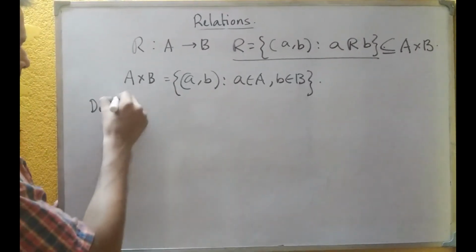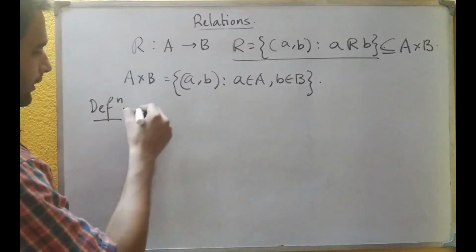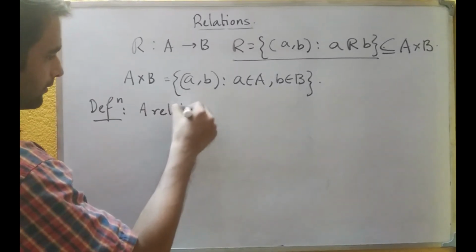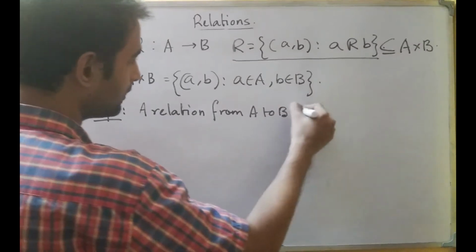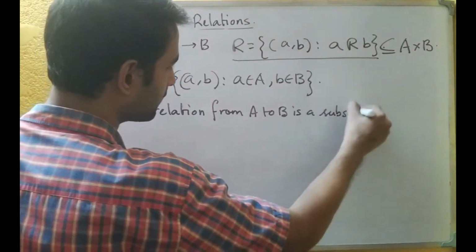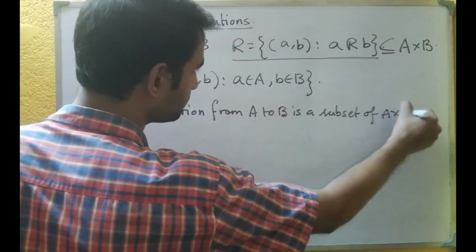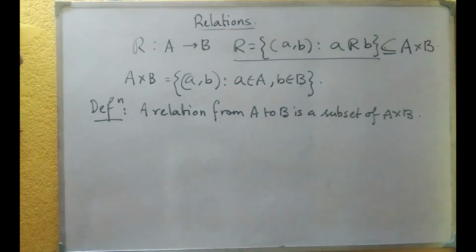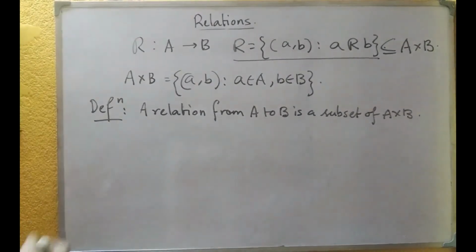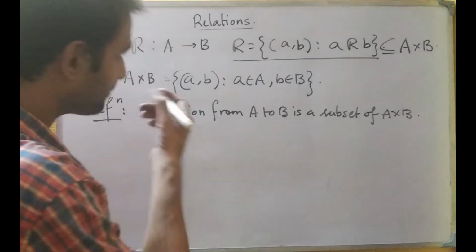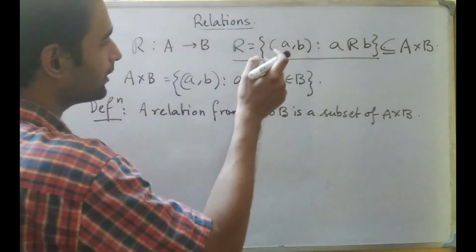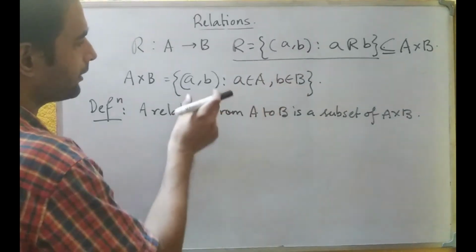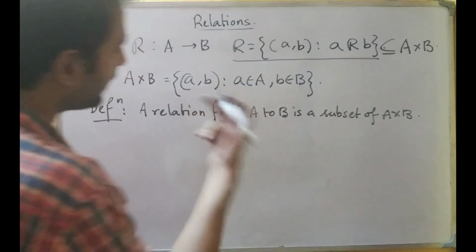Let me write it here. That a relation from A to B is a subset of A cross B. So this is the definition for a relation from A to B. As we have seen that we express the relation using this set, where the elements are the ordered pairs A comma B, and also we have seen that these ordered pairs are members of this set A cross B. So how are we taking the ordered pairs?